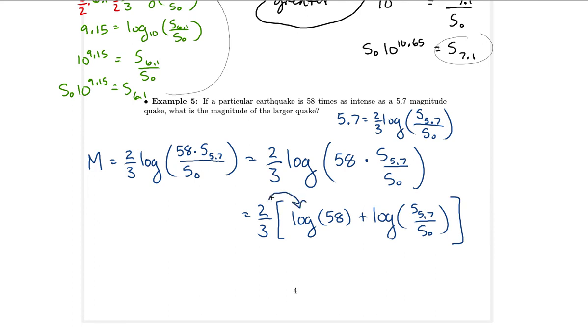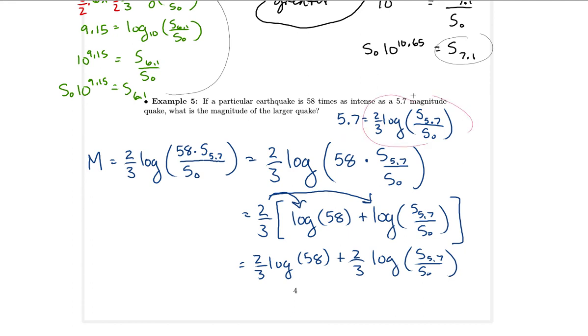Then if I put my 2/3 back through to both of these terms, I get 2/3 log 58. That's something I can type in my calculator. Plus 2/3 log of S5.7 over S0, which I can't type in my calculator, but guess what?